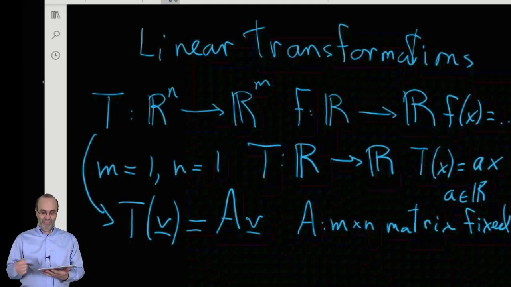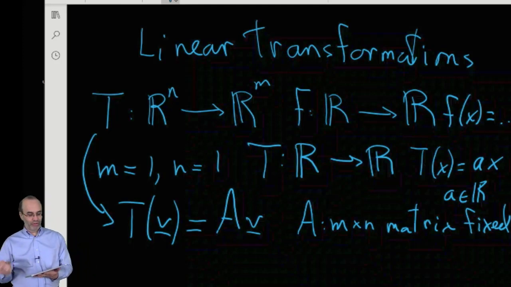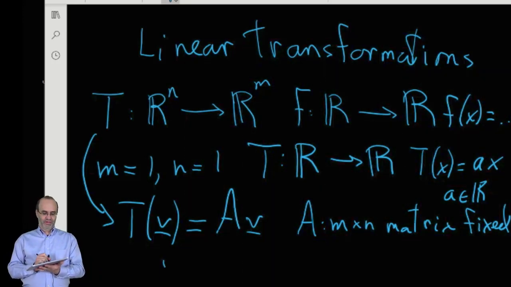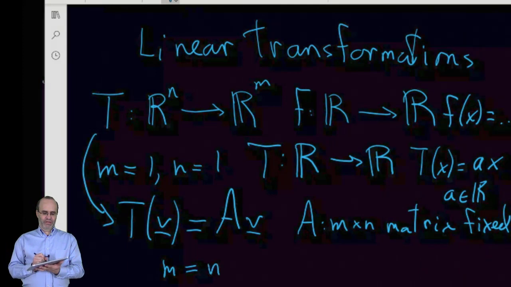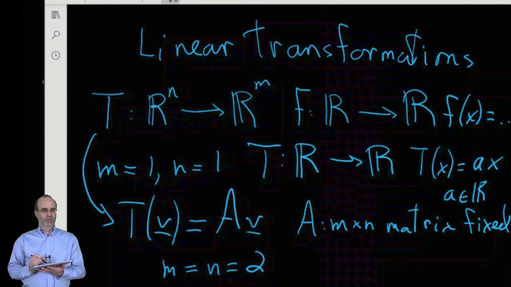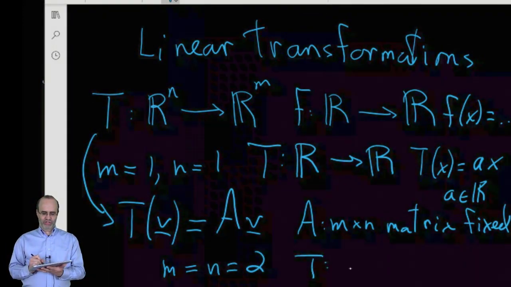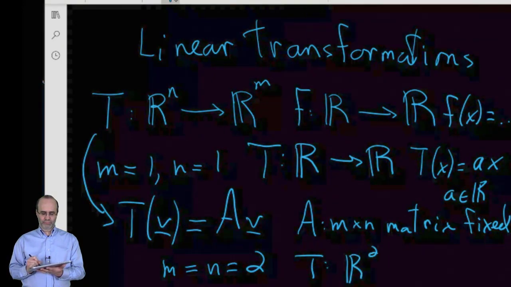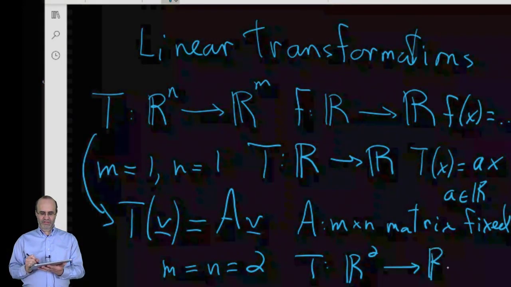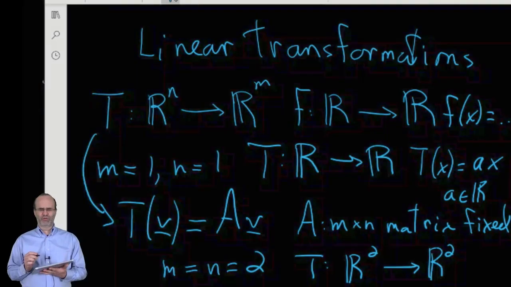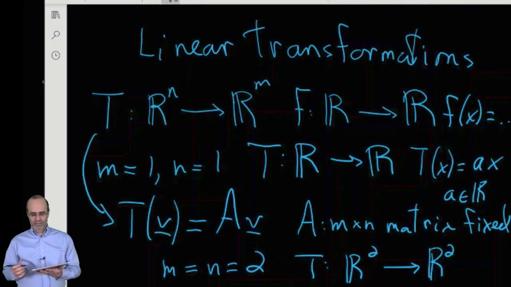You already know some examples besides T of x equals Ax. I want to look at the case when n and m are equal to 2, because there we can picture something. So we're looking at linear transformations from R2 to R2.